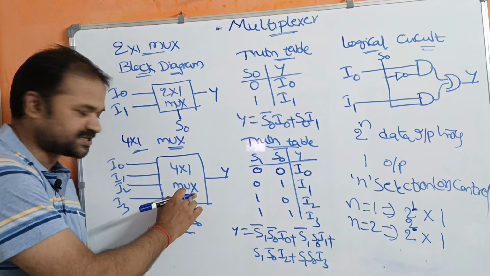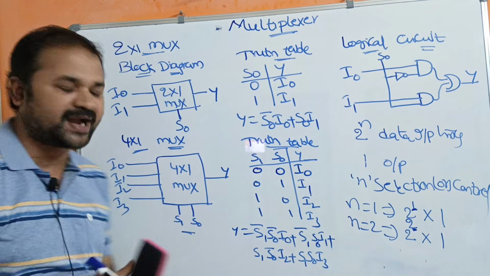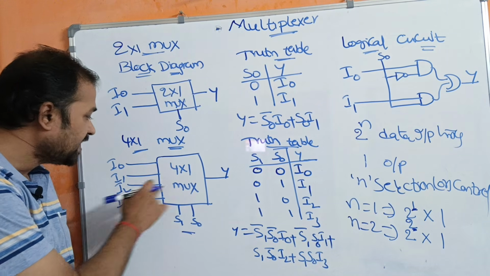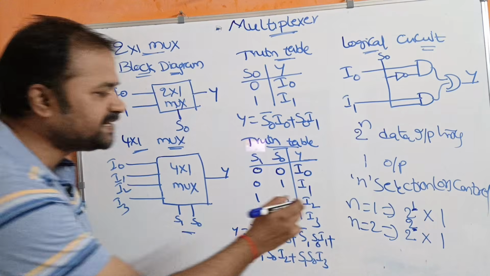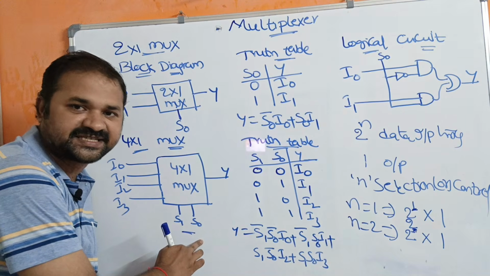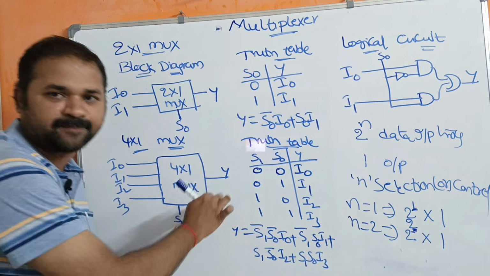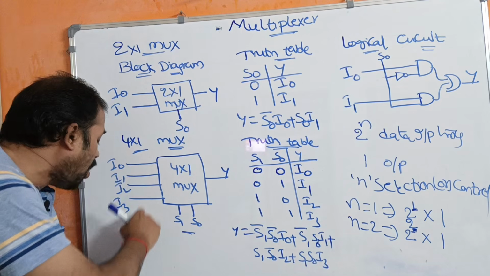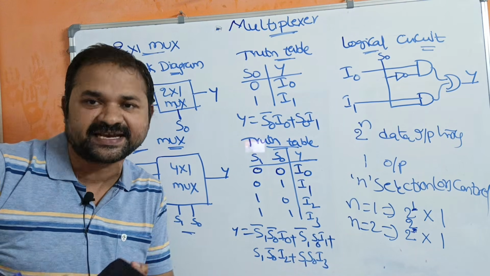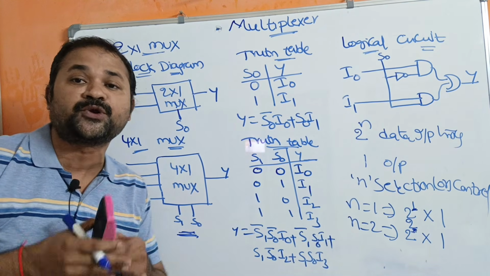A 4 by 1 multiplexer has 4 data input lines, I0, I1, I2, I3, and 4 means 2 power 2. So we will have 2 selection inputs, S1 and S0, and it produces only one output, Y. Which data input line will be selected is decided based upon the selection or control input.